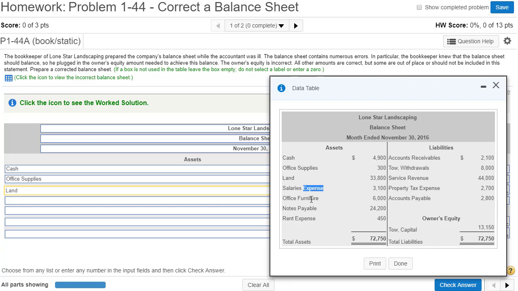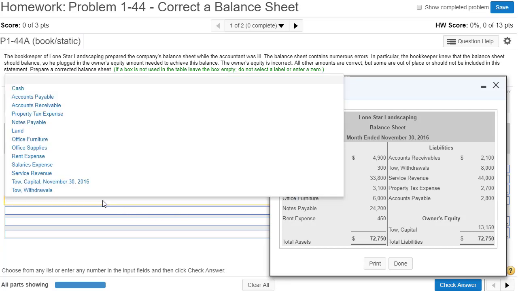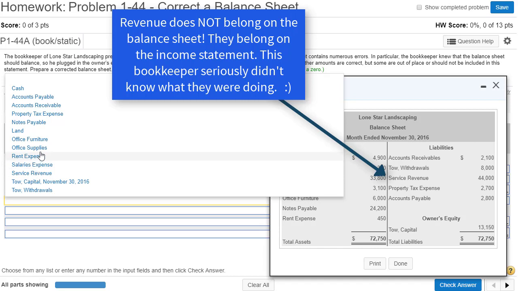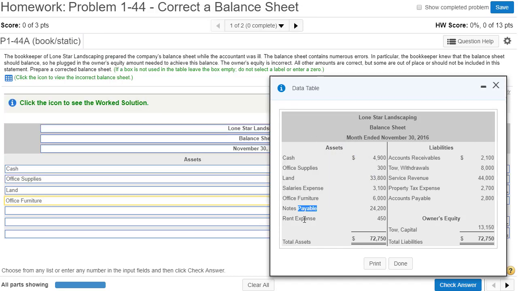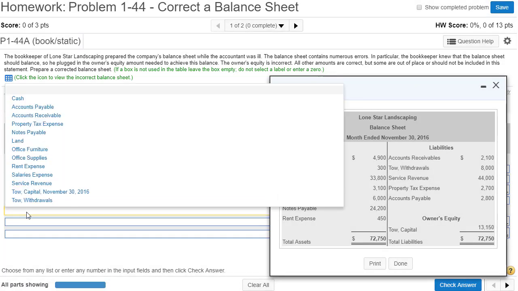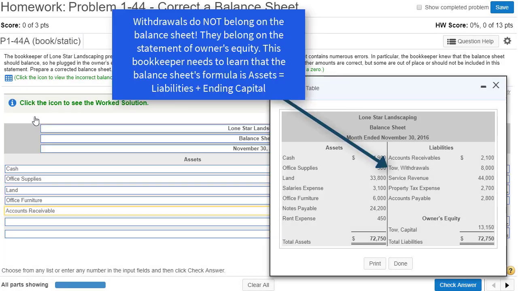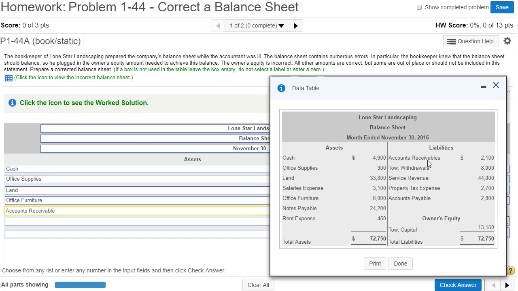That goes on the income statement. Office furniture, that's an asset because it has a future value. Notes payable, that's a liability. Expense, that's an expense. It does not go on the balance sheet. So do we have any other assets? Accounts receivable. That is an asset, because those are the amounts that the customers are going to pay us in the future. And looking through here, I don't see any other assets at all.